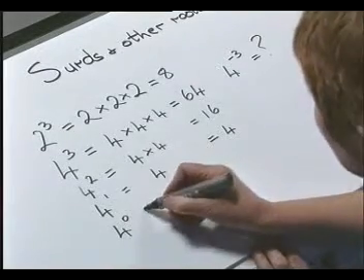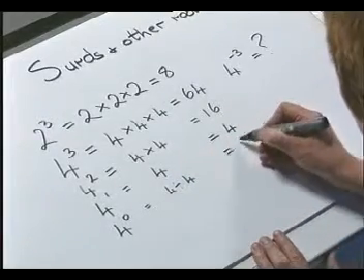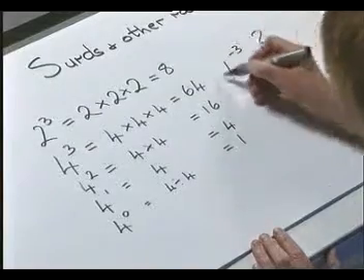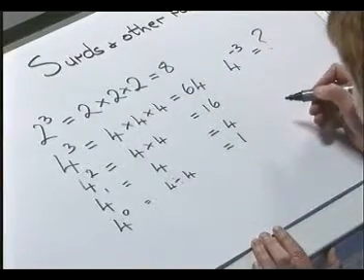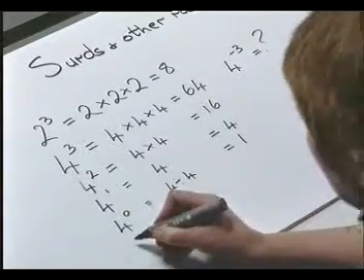So 4 to the 0 must be 4 divided by 4, which equals 1. But we're interested in finding out about 4 to the negative 3. So we'll continue our pattern.